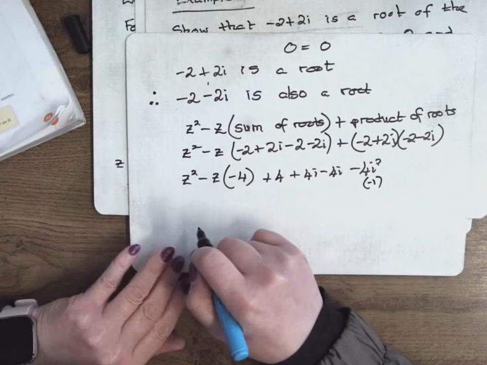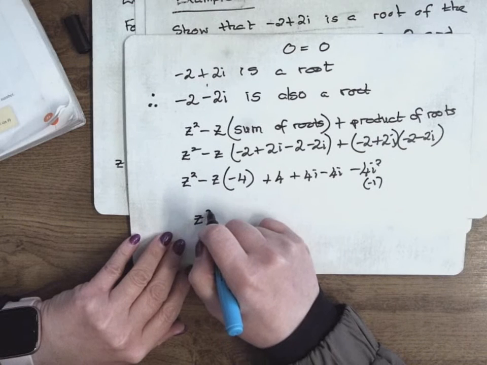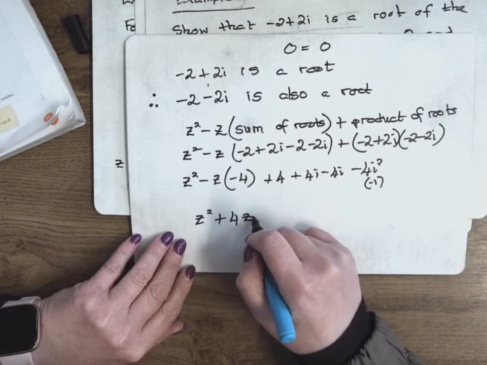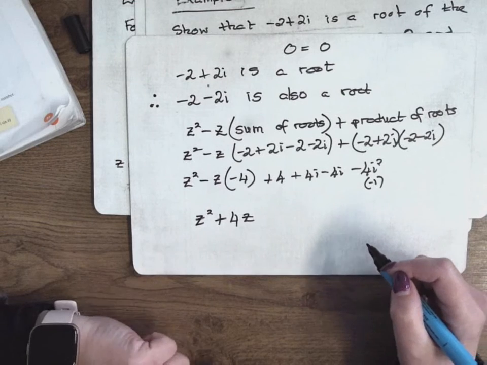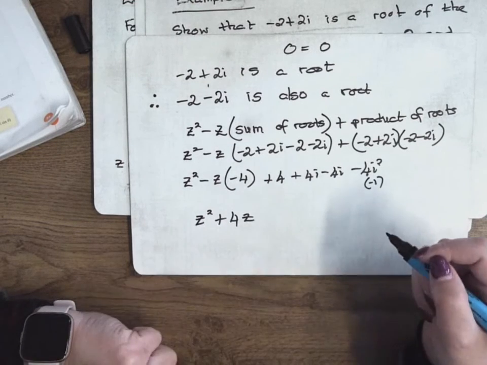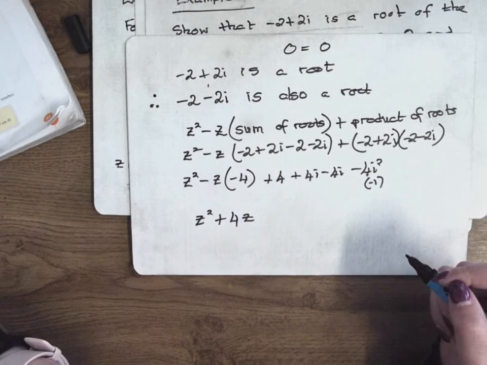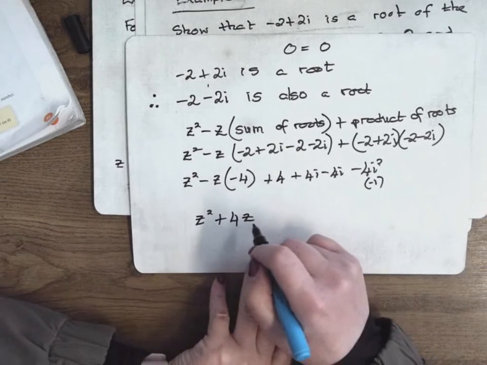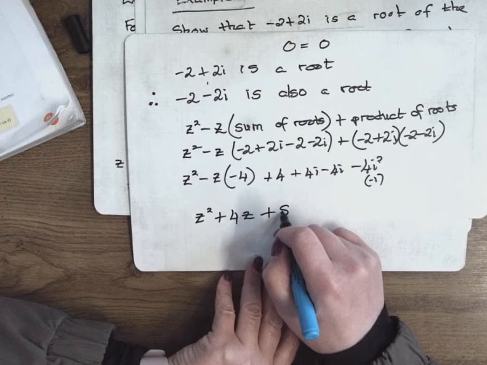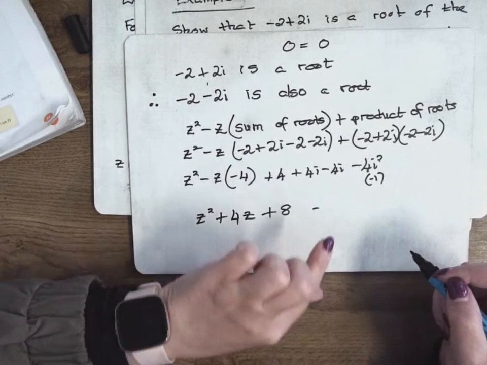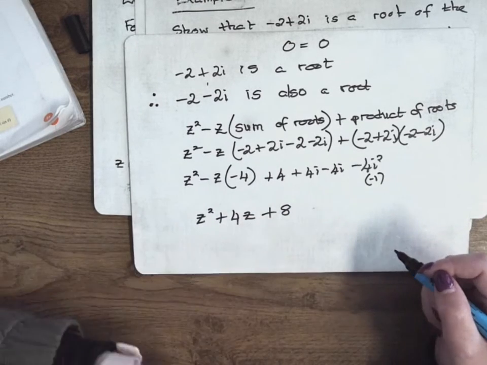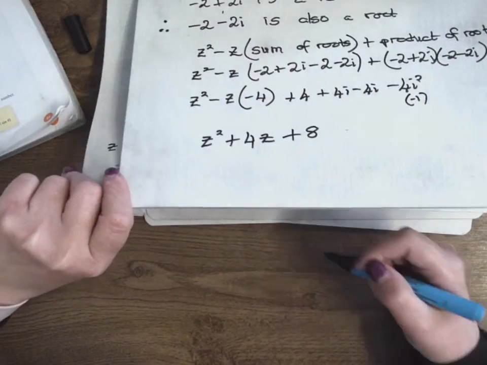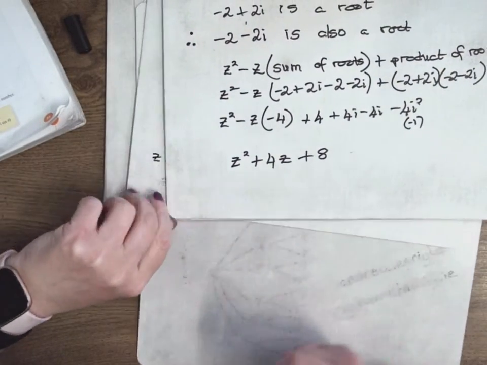So I end up with z squared plus 4z. It just happens to be the same as the last one. Pity. Oh no, it's not the same as the last one. That becomes a plus 4, so it's plus 8. Yeah, that's the quadratic. Have I that right? Please keep an eye on mistakes, because there's plenty. Right, okay, are we good?